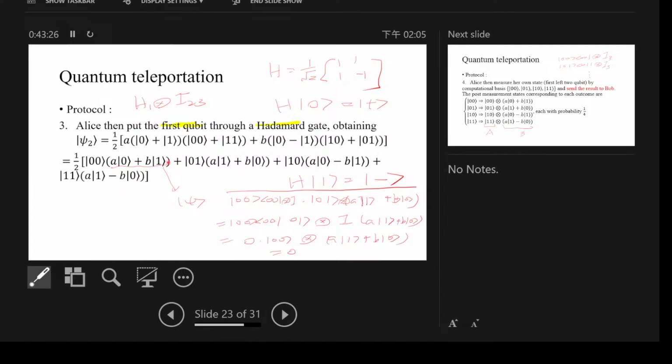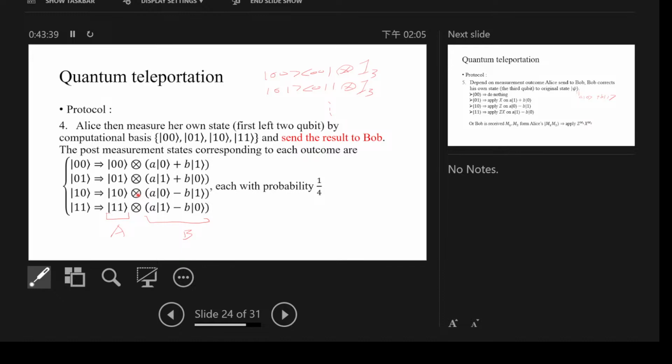Then Bob will already have this A0 plus B1 thing. But if Alice has other states on her part, then Bob has a weird state, so what should we do? And it turns out what we can do is we can correct this thing. And so this is what we actually do in the protocol.